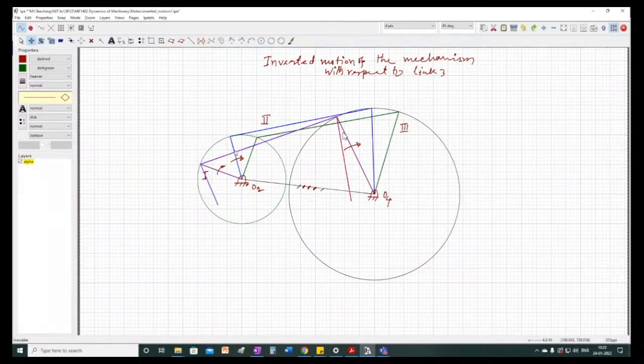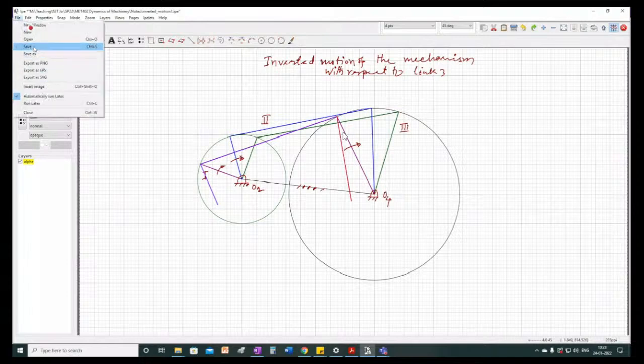Okay, now you can see that position, we have copied the position of coupler, crank and follower on your trace paper, and then move the trace paper, place it on the first position so that the link 3 is exactly matching. After getting that match, now we have new points O2 and O4.